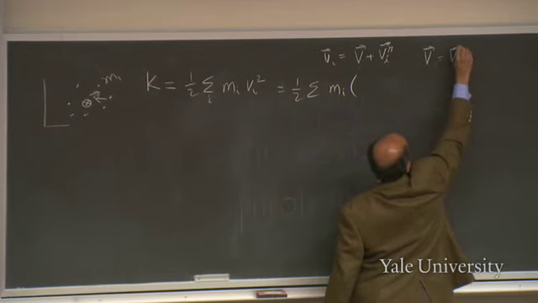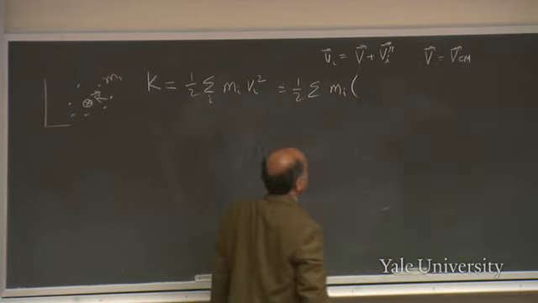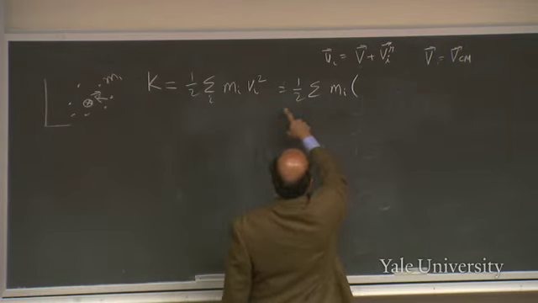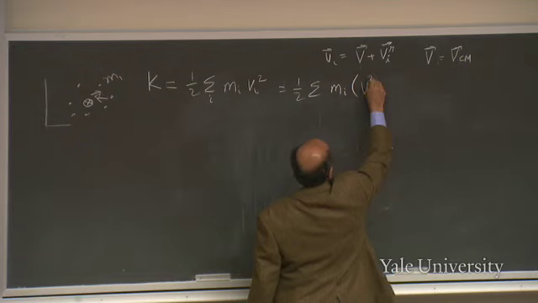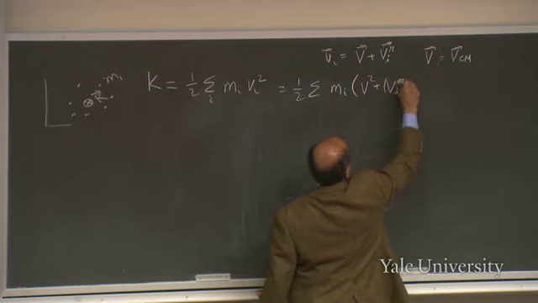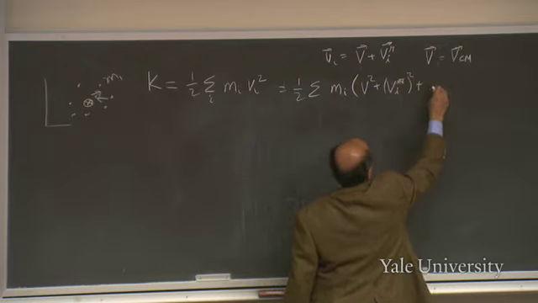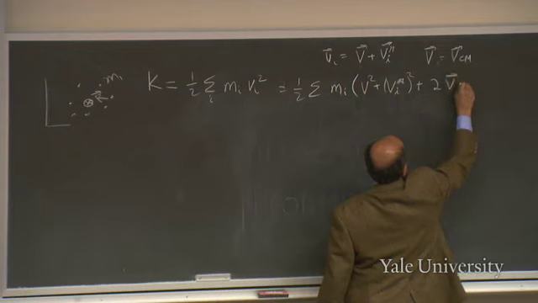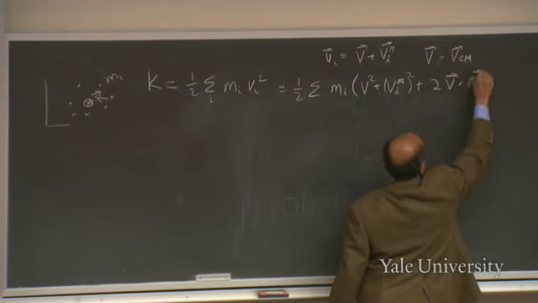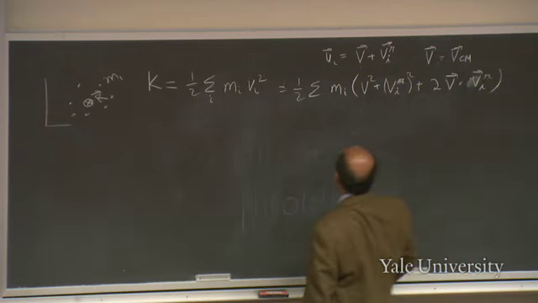I just don't want to show the subscript every time, but capital V is center of mass. So when I square this, vi squared, I will get a v squared term. Then I'll get a vi relative squared term. Then I'll get a cross term, twice v dot vi relative, summed over all the particles.